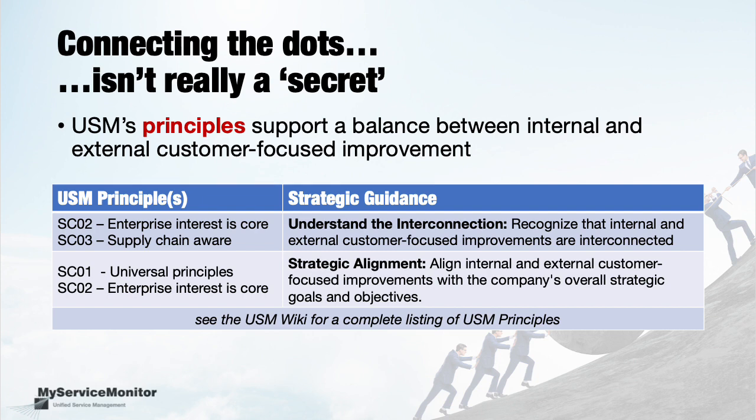Now, the USM is not saying that this is necessarily new thinking, but the USM method took the time to carefully think through the principles that drove its creation. And these principles can also be used by governance to help set policies that help management balance internal and external customer focus improvement efforts. So the USM method provides simple mechanisms for connecting the dots between governance and management as well.